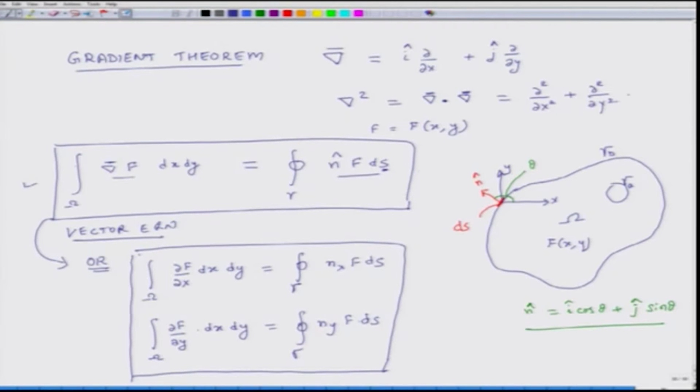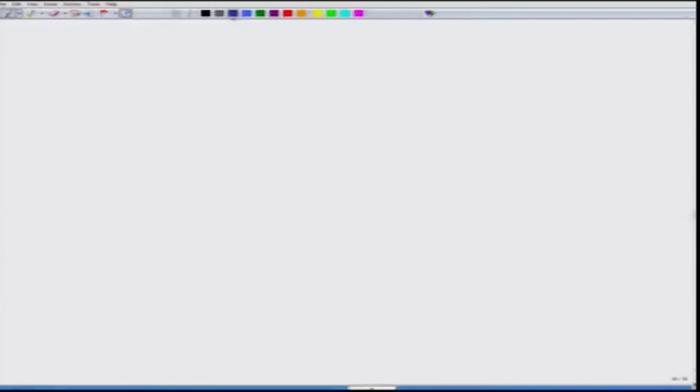This was the vector form, and this is the scalar form of the equation, where nx is equal to cosine of theta and ny is equal to sine of theta. So, this is what the gradient theorem says. The gradient theorem deals with scalar fields. Then there is another theorem known as the divergence theorem.